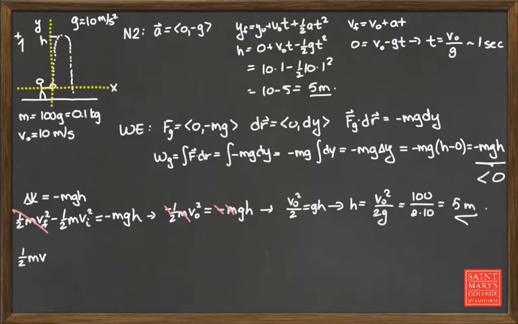So the initial kinetic energy is 1/2 times 0.1 kilograms, which is a tenth, times 10 meters per second squared. And you can convince yourself that is 5. The unit of energy is joules. So the ball started with 5 joules of kinetic energy.